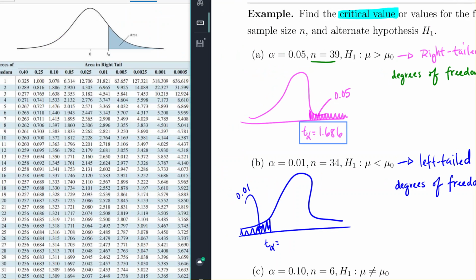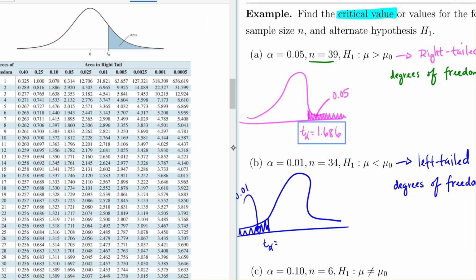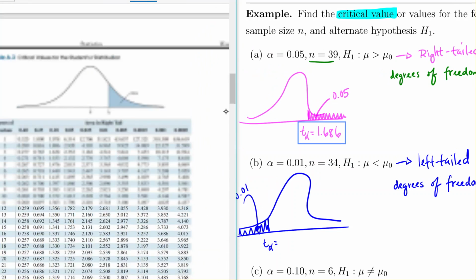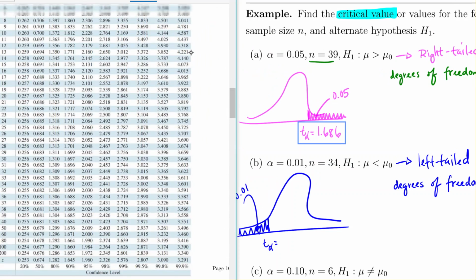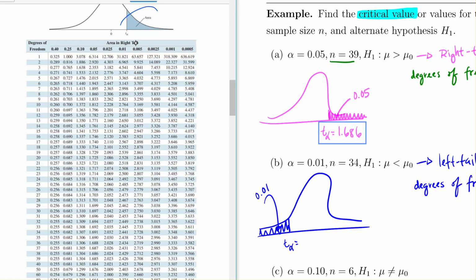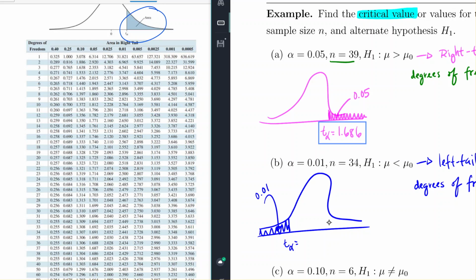And now we need to turn our attention to the chart. So the way this chart works is it gives us area to the right of the tail. But we know by symmetry, if I had some value that had area to the right as 0.01, then this value would just be the negative version of that.